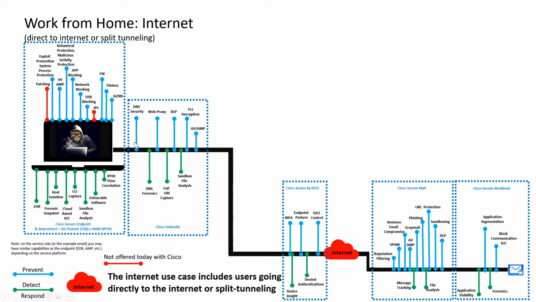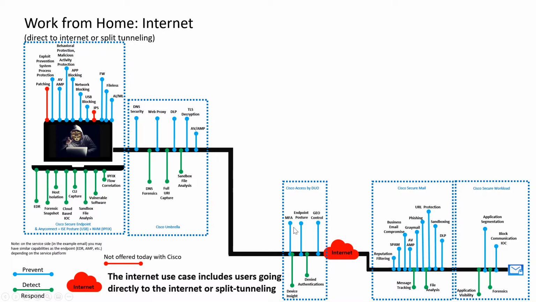Now, when we start getting into DNS, web proxy, DLP, TLS decryption, advanced malware inspection, and a lot of the analysis components that tie into that, Cisco Umbrella certainly can service that need. And stay tuned, because there's a lot of development around that area with new features and capabilities coming to further enhance what can be offered driven from the cloud itself.